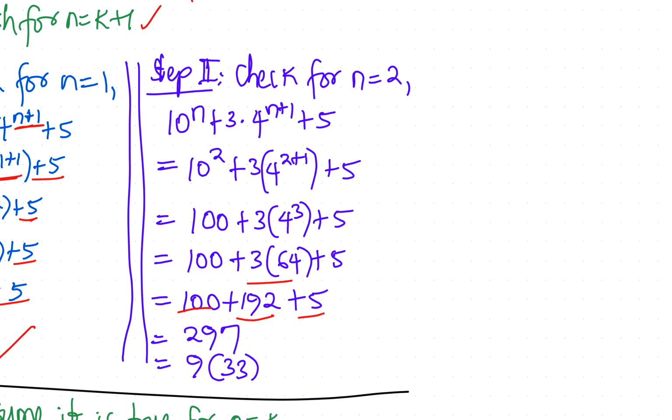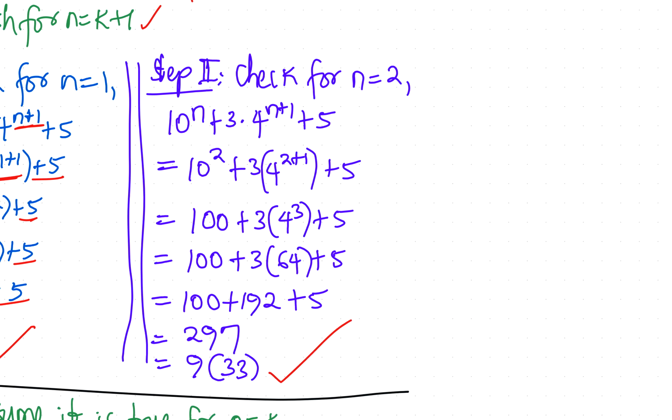Then 9 goes there: 9 in 29 is 3, remember the 2, 9 in 27 is another 3. So again, when you put n equals 2, the expression you get is divisible by 9. So the first two conditions are established.